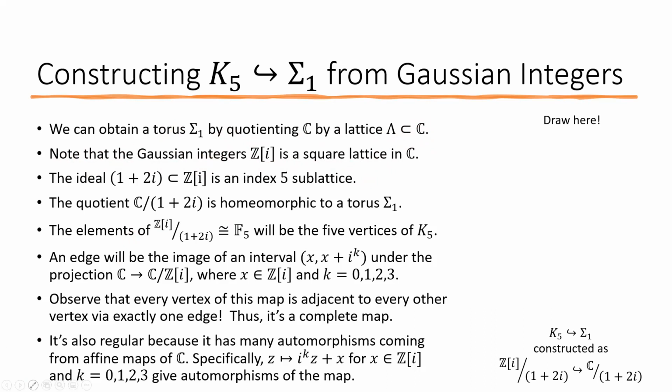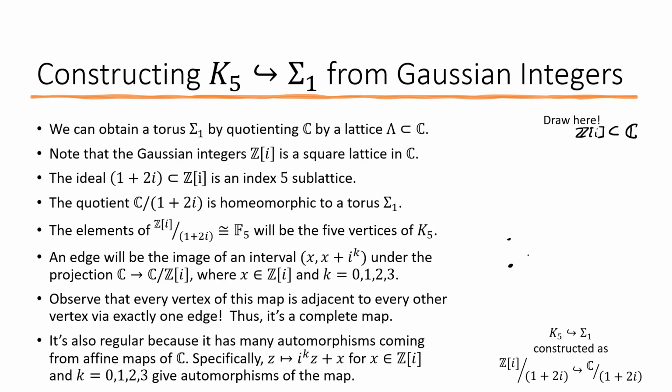So I can draw this Gaussian integers set inside of here. Let's say this is C, and inside of C, I have the Gaussian integers Z adjoin i. The Gaussian integers look like the square lattice.